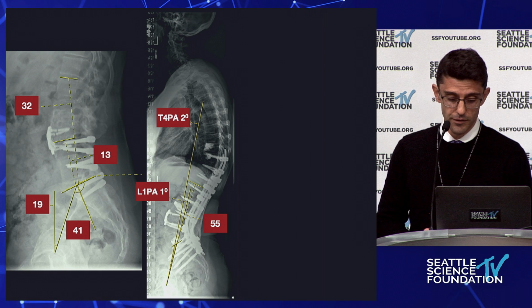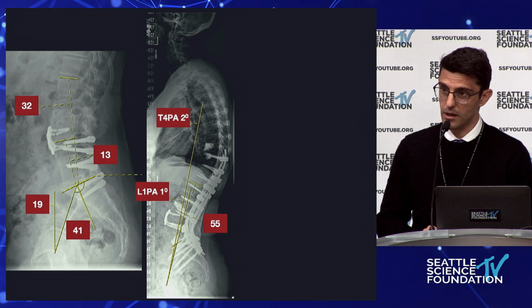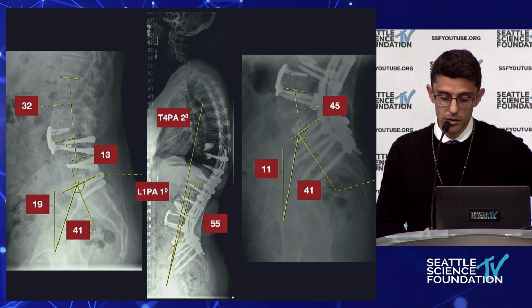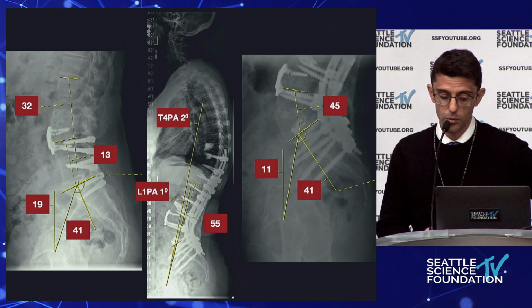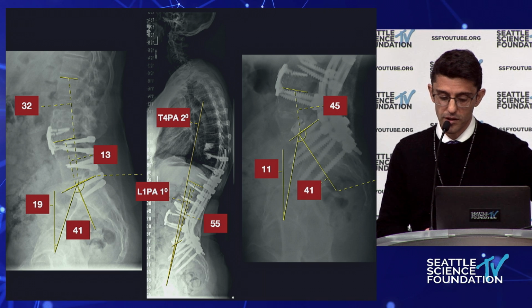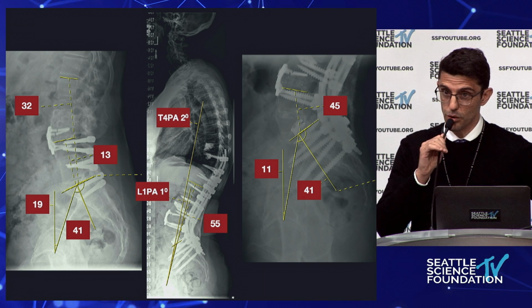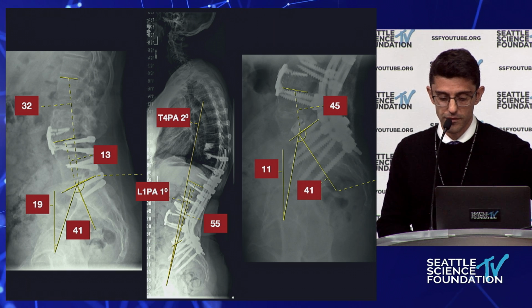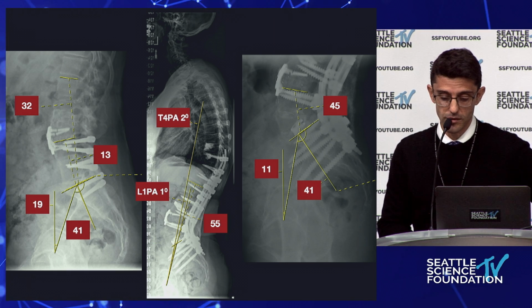Her lordosis, 55 degrees, plus 10 to 15, which is my goal for a low PI patient. And then if we look at her low lumbar spine, L4 to S1, 45 degrees, maybe a little bit too much, if you will. But the pelvic tilt was nicely restored with the low PSO to less than 10 or 15 degrees, less than 15 degrees.